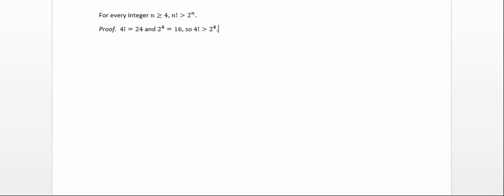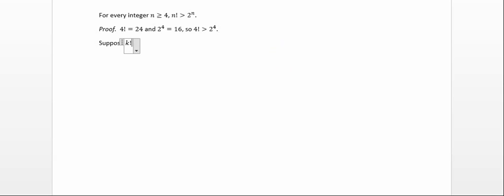By the way, I guess it's not true for 3, which is why we're not claiming it's true for 3. 3 factorial is 6, but 2 to the third is 8. So yeah, it wouldn't be true for 3. Okay, but our base case, our first statement, which is the n equals 4 case, worked. Now suppose it's true for k, where k could be anything.